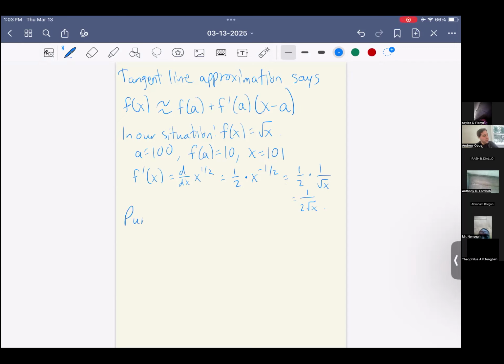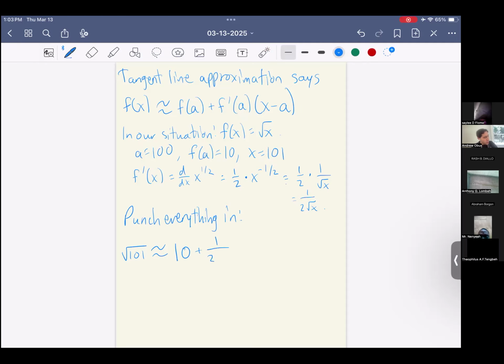Okay, so let's punch everything in. What do we get? We get that the square root of 101 is approximately equal to 10. That's the square root of 100. 10 plus f prime evaluated at 100. So a is 100, f prime of x is 1 over 2 square root of x.